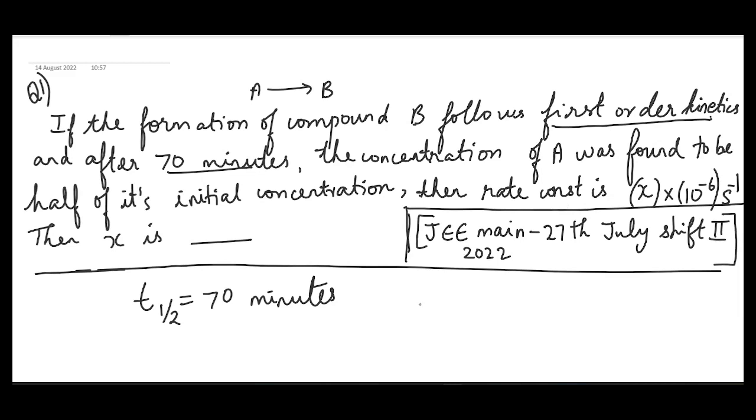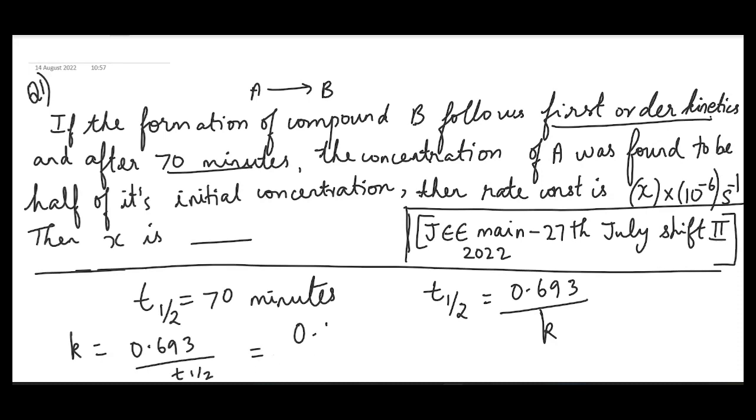We already derived the formula for the half-life of a first order reaction, which is nothing but half-life is equal to 0.693 divided by rate constant. It doesn't depend upon the initial concentration of the reactant. So now it is simple. K is equal to 0.693 divided by half-life.